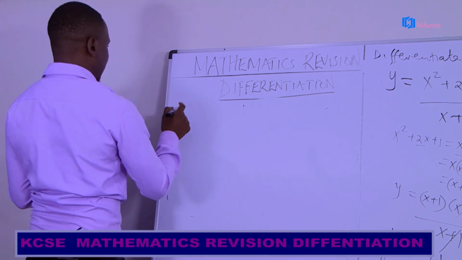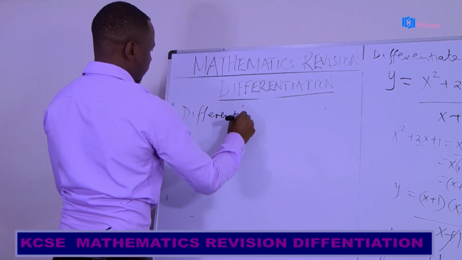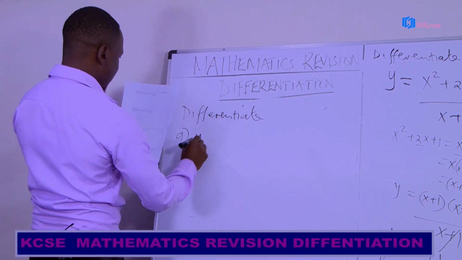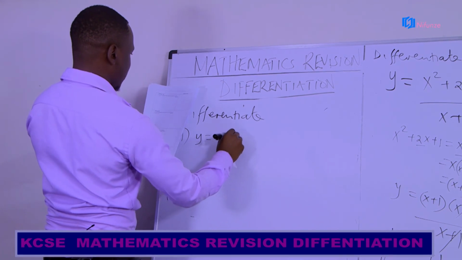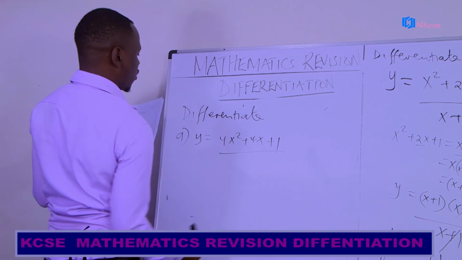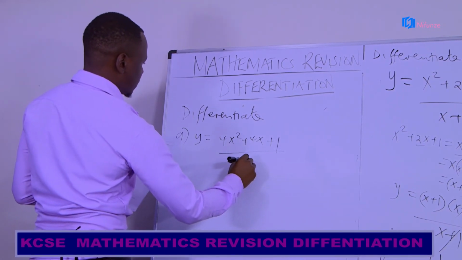So differentiate y is equal to 4x squared plus 4x plus 1 over 2x plus 1.